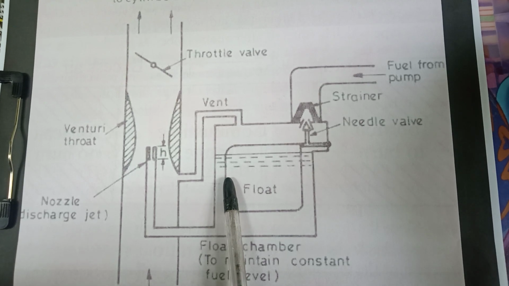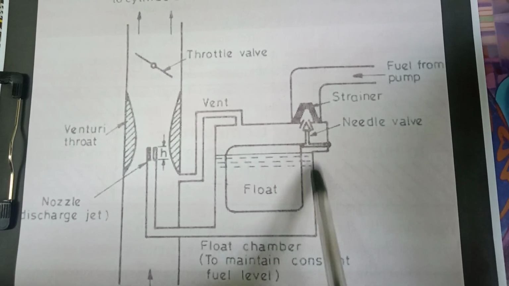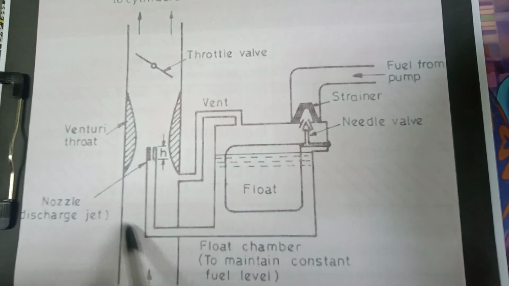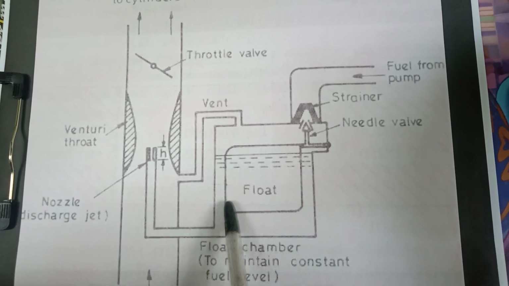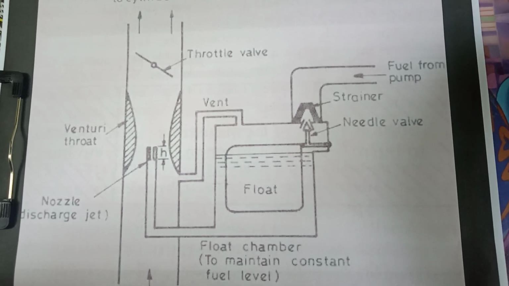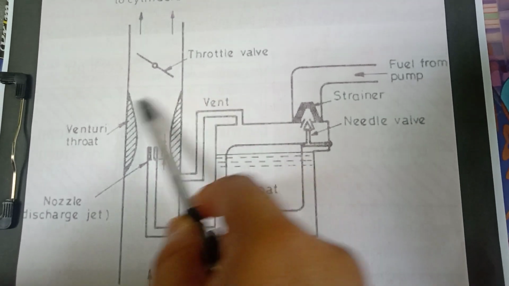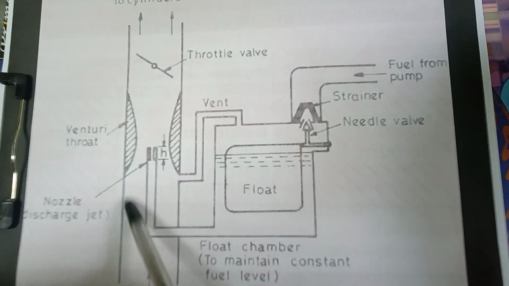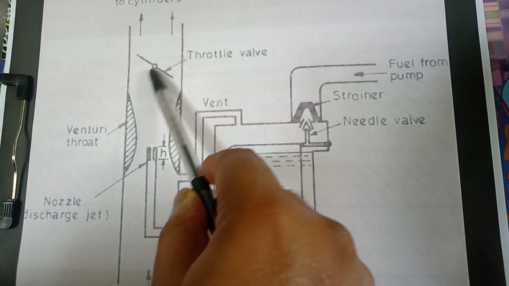This simple carburetor will not fulfill these requirements, so it is not seen in today's automobile world. This is a simple conceptual carburetor. This is the main principle of how the air fuel mixture gets formed.